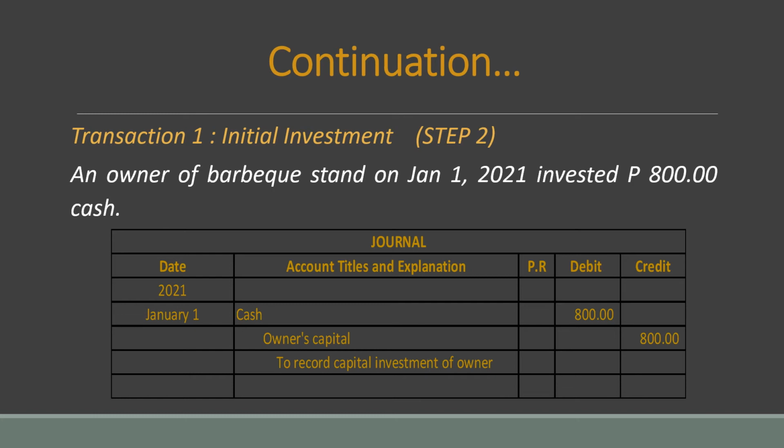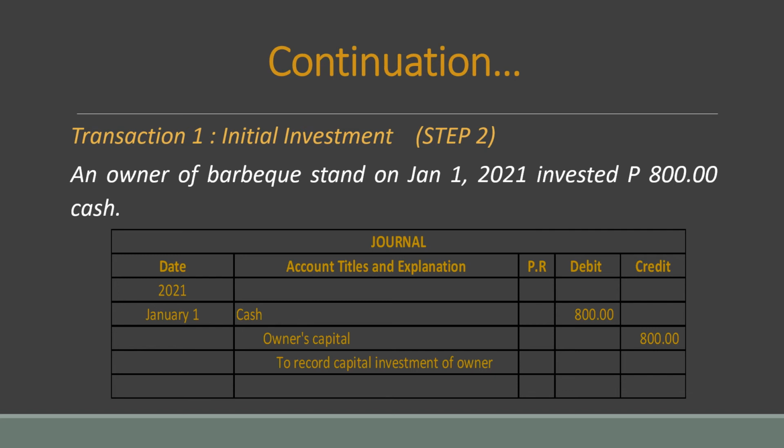So, paano natin siya i-record sa journals? So, gaya ng sabi ko kanina, ito yung general format ng isang general journal. So, merong date, merong account titles and explanations, merong PR or posting reference, and then merong debit column and then credit column.